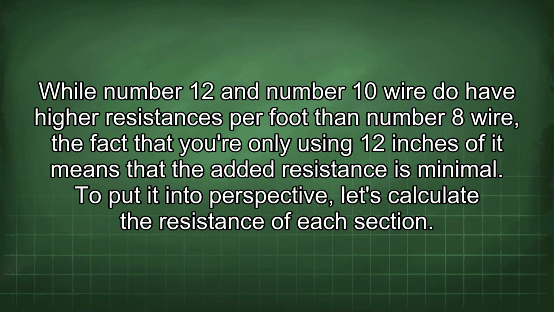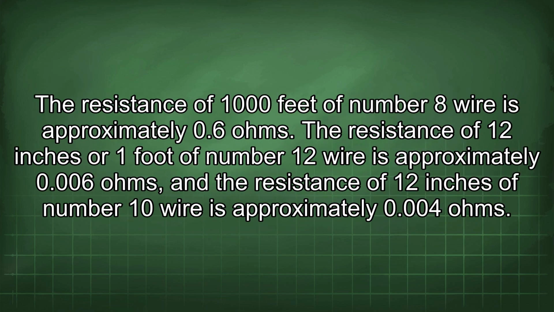To put it into perspective, let's calculate the resistance of each section. The resistance of 1000 feet of number 8 wire is approximately 0.6 ohms. The resistance of 12 inches or 1 foot of number 12 wire is approximately 0.6 ohms, and the resistance of 12 inches of number 10 wire is approximately 0.4 ohms.